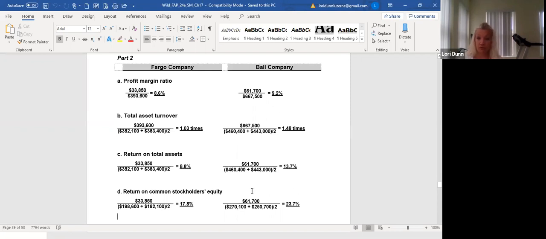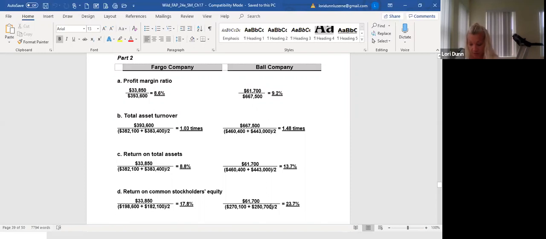Ball Company will do the same calculation. Again, they're going to use their net income divided by their average common stockholders' equity. Common stock beginning would be 141,000 plus retained earnings of 109,700. So that's the 250,700 here.